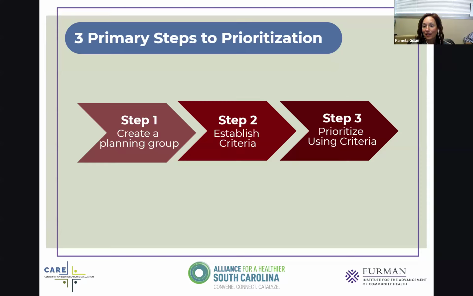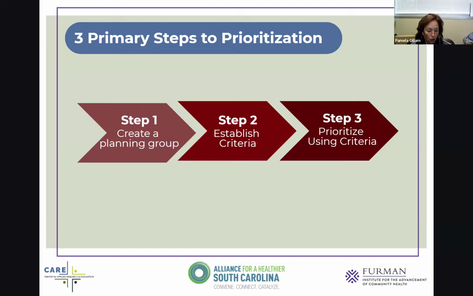That's where the planning group can really help you decide which ones you should focus on as you move into prioritizing health issues. And not just health issues. In the community health improvement planning process, you can use priorities to prioritize interventions or programs too. So take that into consideration.